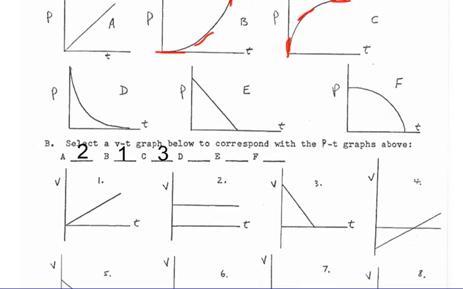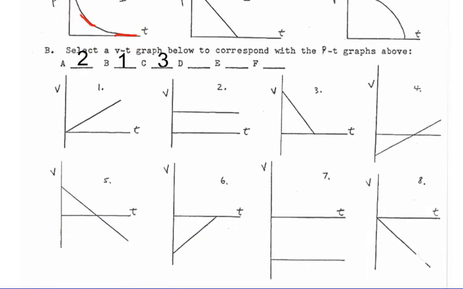Looking at this one, so here the slope here is a large negative, medium negative, 0. So looking for a graph that has a large negative velocity, medium negative velocity, and 0. So let's see here, large negative.